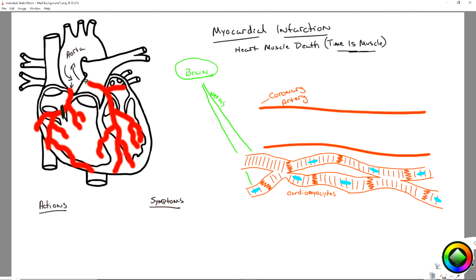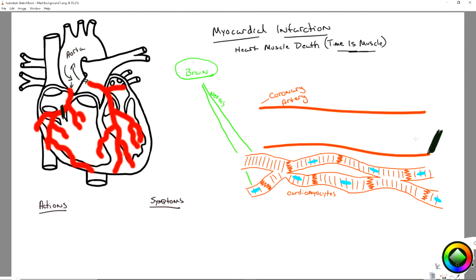Okay, so we're going to say that a piece of plaque lodges in your right coronary descending artery and creates a blockage. On the picture here to the right, this coronary artery is your right descending artery, and here is the piece of plaque that's gotten lodged.